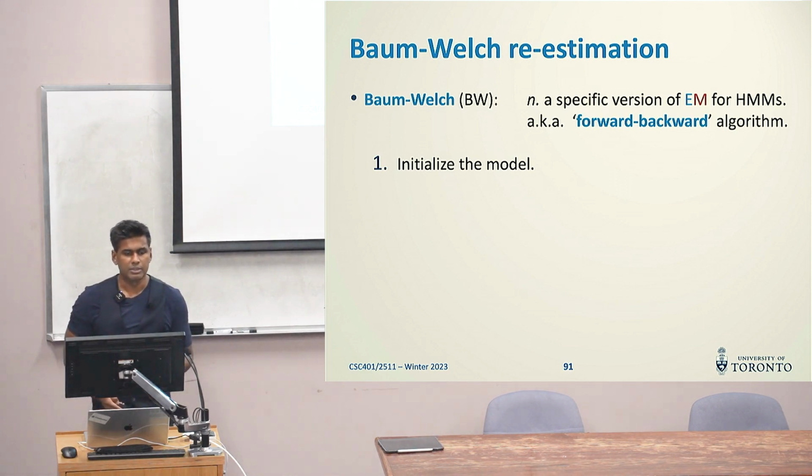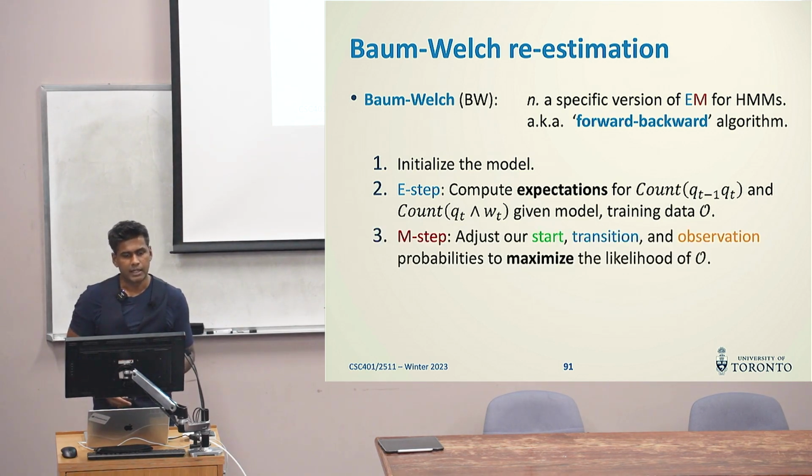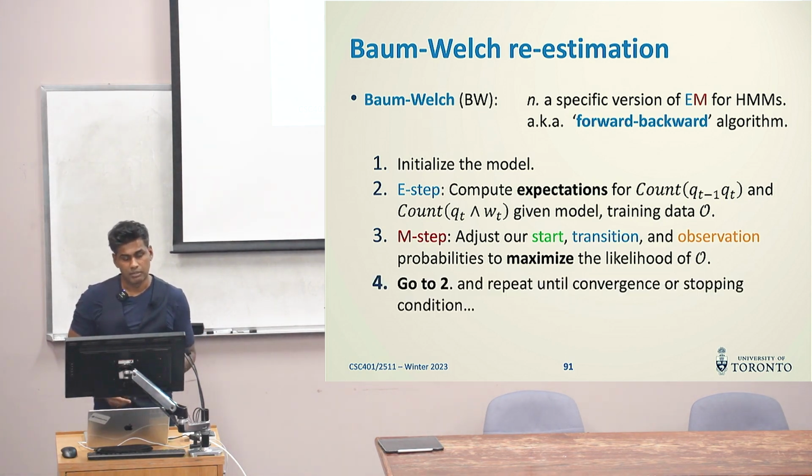In this case for HMM, the algorithm we'll look at is called Baum-Welch. Baum-Welch is a specific version of the expectation maximization algorithm for HMM. It's also known as the forward-backward algorithm. It has 4 steps, but the 3 main steps are what we see in all EM algorithms.